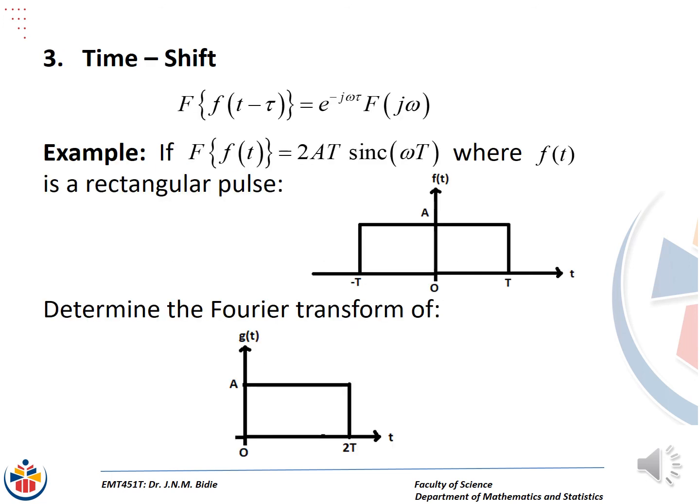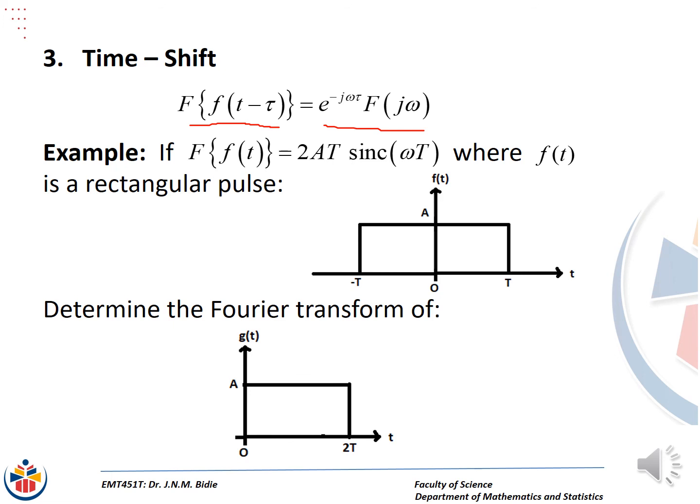Time shift: when a signal has been shifted or, say, delayed, we are able to find the Fourier transform of the delayed signal, and it is given by e to the power negative j omega tau times the Fourier transform of the original signal.